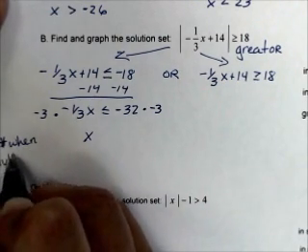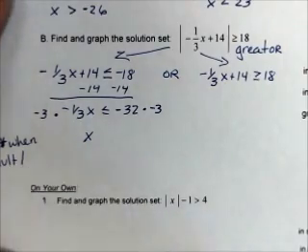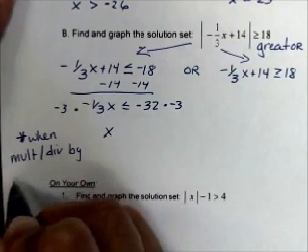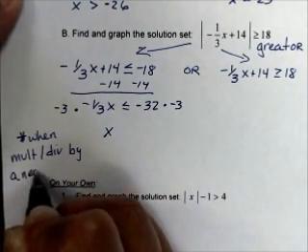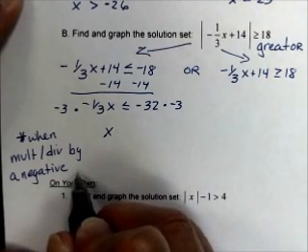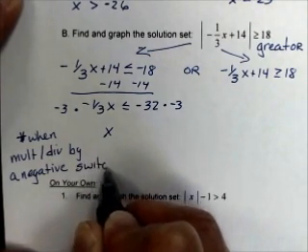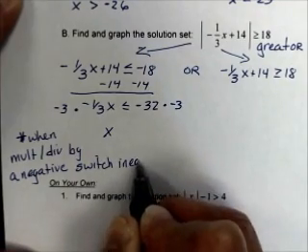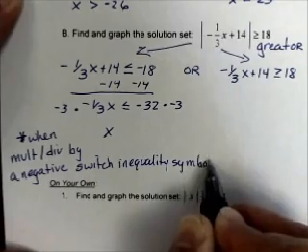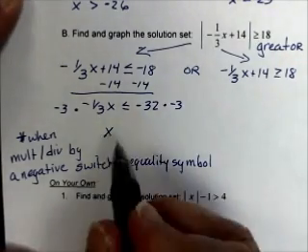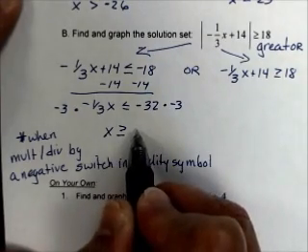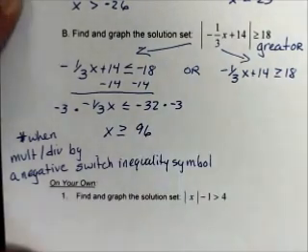When you multiply or divide by a negative, switch the inequality symbol. So this becomes x greater than or equal to positive 96.